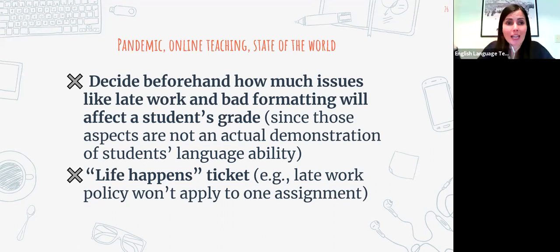And this life happens ticket could take whatever form you wish, right? Maybe you don't count one quiz grade, or the student can decide which assignment they're not going to submit, or an assignment that they can submit late but it won't affect their grade.